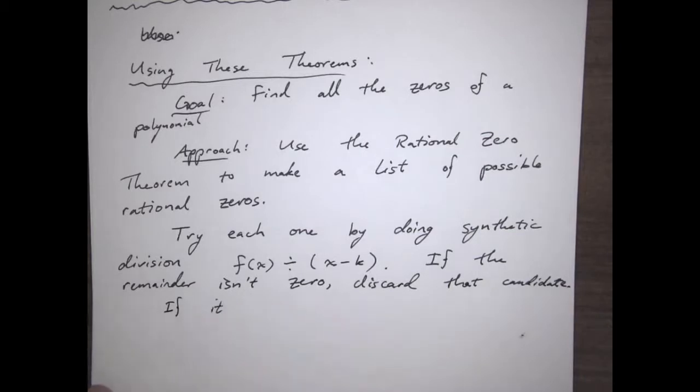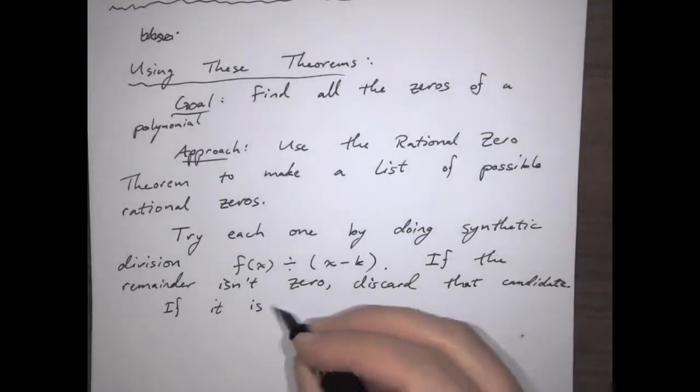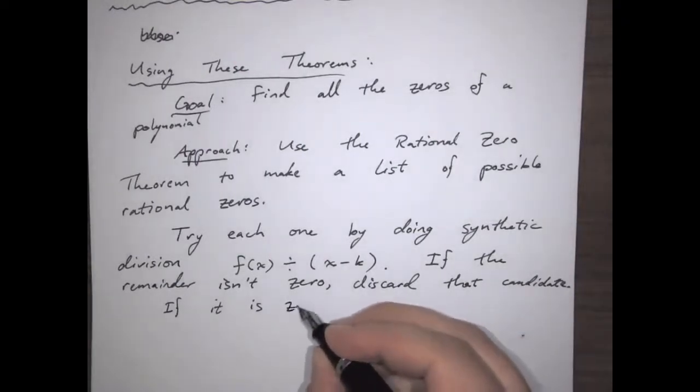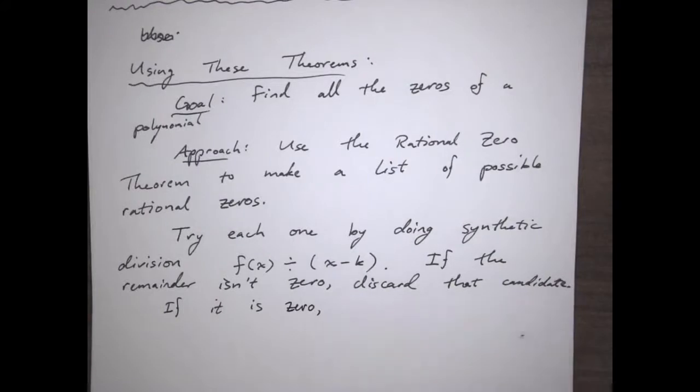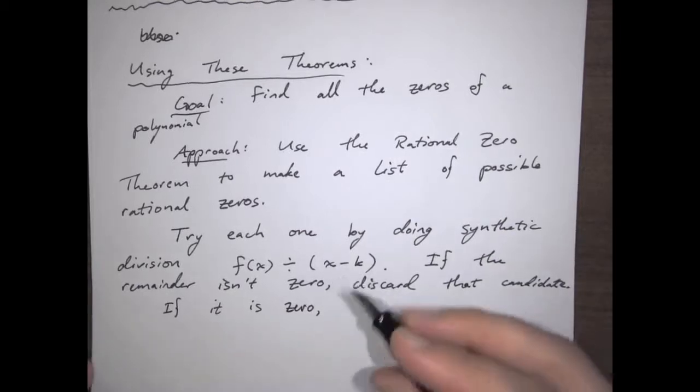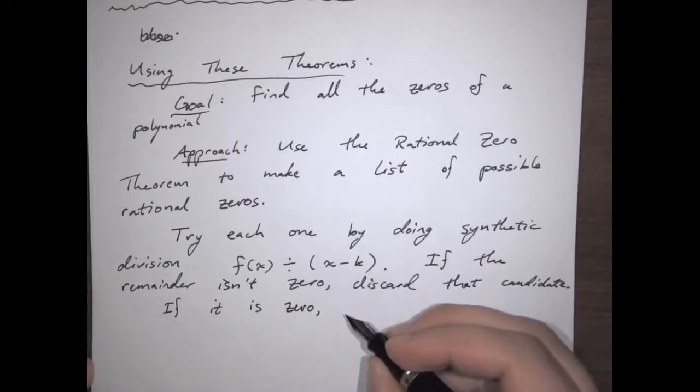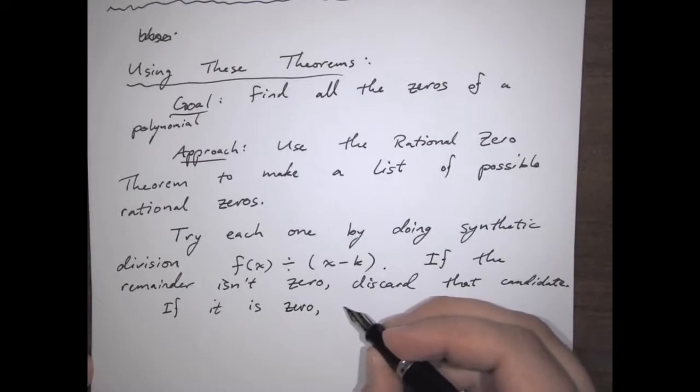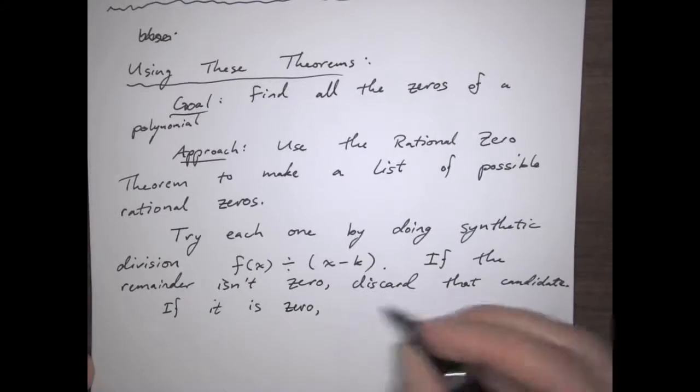If it is 0, then look at the quotient and then try to factor it if you can do so. If you can't, then try just repeating that synthetic division again with possibly the same factor.